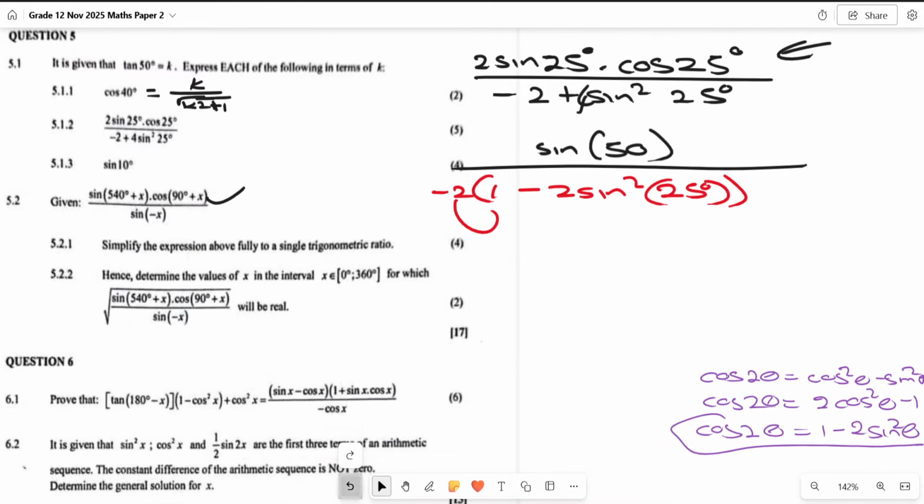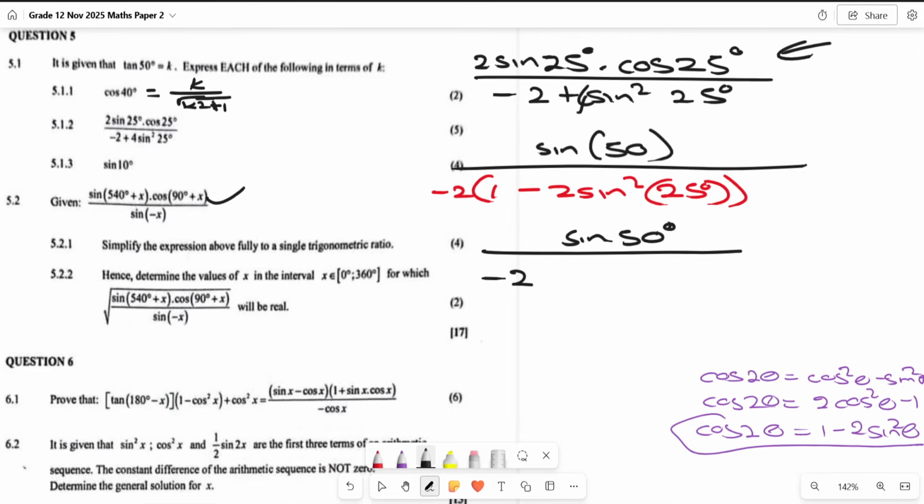So that is the denominator. Now let's just simplify that. The numerator is going to be sine 50 degrees all over minus 2. But now, what is 1 minus 2 sine squared of an angle equal to? It is equal to cos 2 theta.